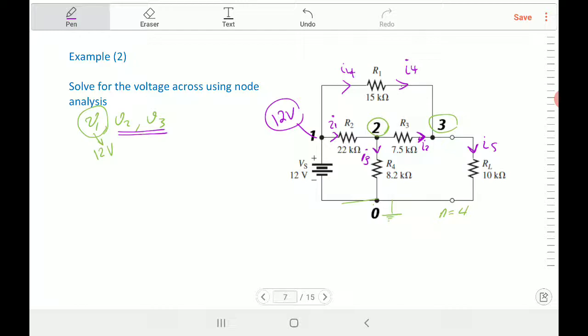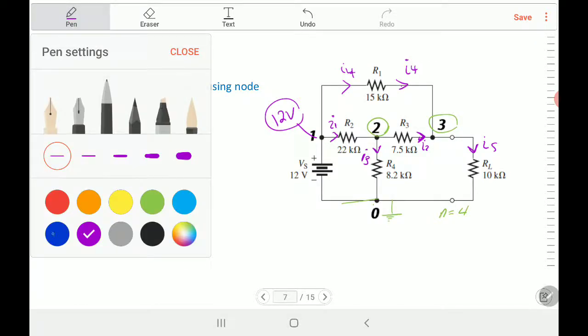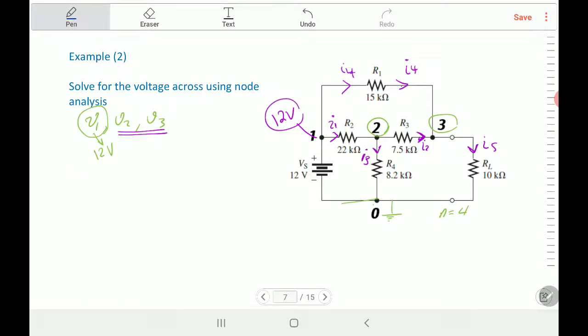After that, the most important thing in node equations is to write Kirchhoff's current law. That's the most important thing. Now ask yourself, how many Kirchhoff current law equations are you going to write? Easy question.